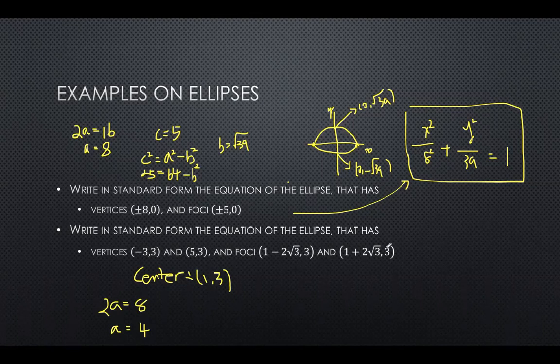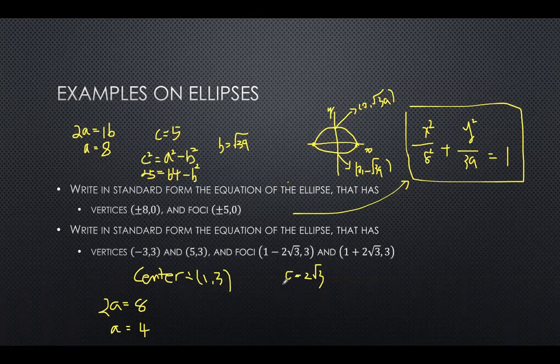And from the foci, you can compute c, which is 2 radical 3. That is the distance between one focus and the center.